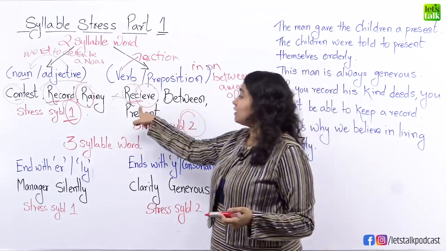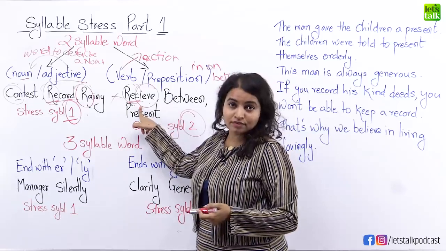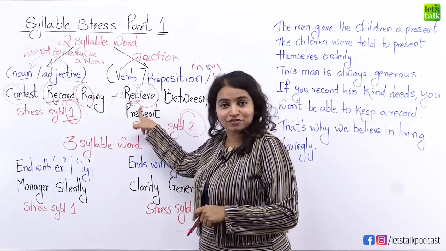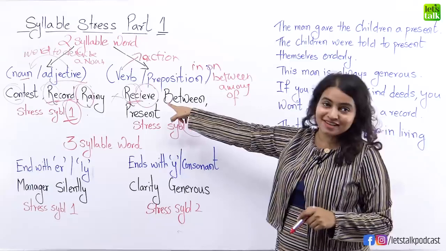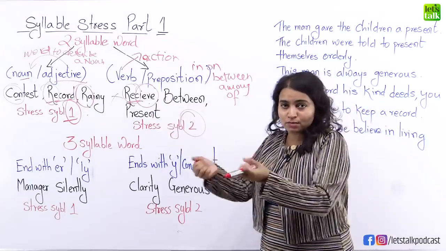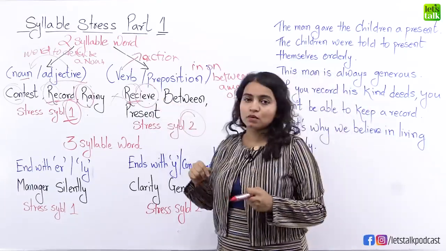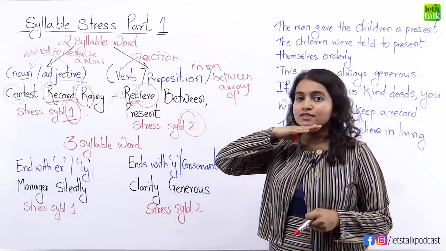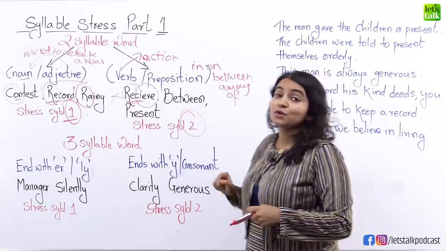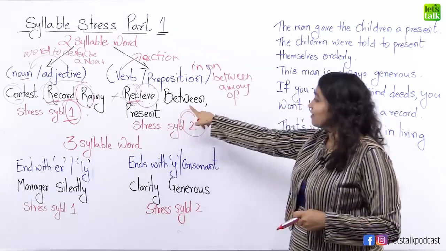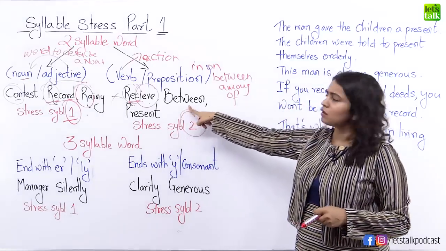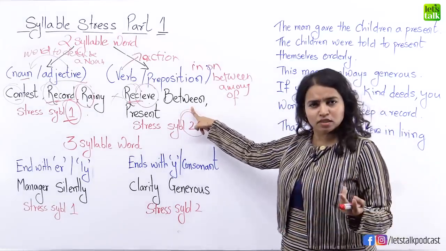Which means a word like receive, which is an action, I won't stress the first syllable. No, that's not right. You're going to stress syllable number 2, and you're going to say reCEIVE. I can't say RECeive. That's wrong. You'll say, I need to receive. I'm going to receive a gift. That's how you say it because it's a verb. It talks about an action. It's a 2-syllable word because it goes re-ceive, right? Then we've got a preposition, which again is a 2-syllable word.